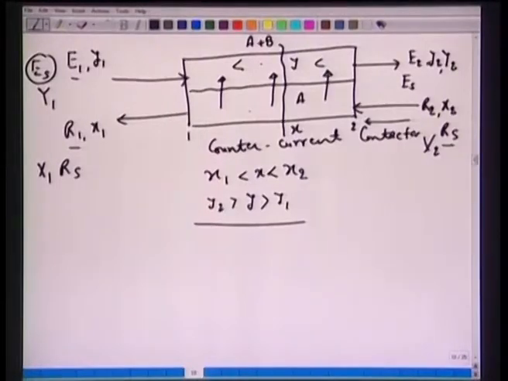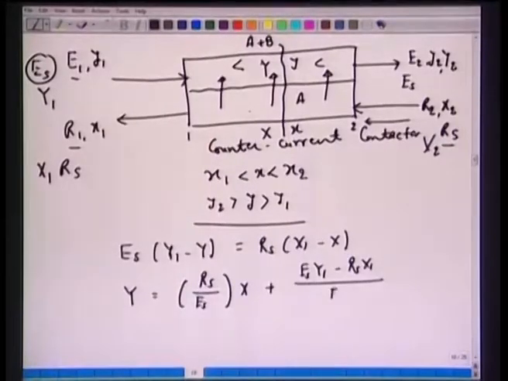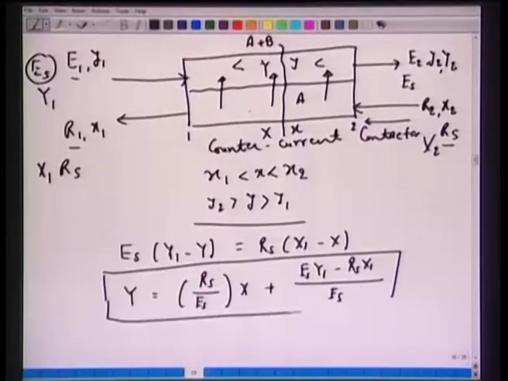We can make the material balance the way we did earlier to obtain Es times (capital Y1 minus capital Y) equal to Rs times (capital X1 minus capital X), and now we have the operating curve as Y equals Rs over Es times X plus (Es Y1 minus Rs X1) over Es. We can box this equation.